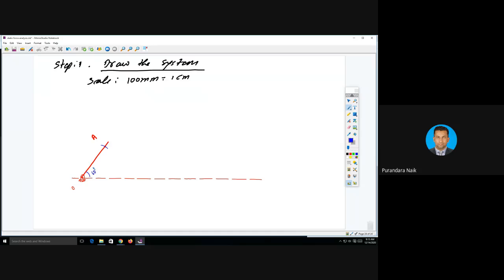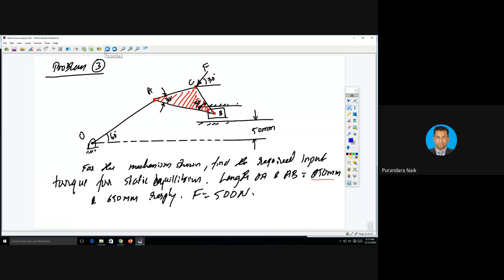After that, I have a piston. Look at this piston. I need to locate this point. The piston is at a distance of 50 millimeter.